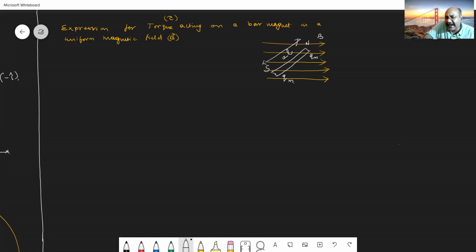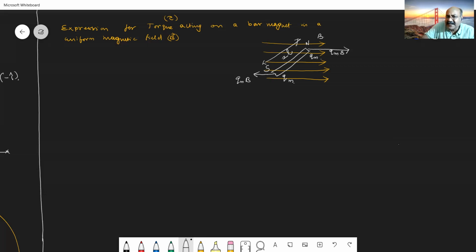The force acting on the north pole is Qm into B, acting in the same direction as the external magnetic field. Similarly, the force acting on the south pole is Qm into B, but acting in a direction opposite to the magnetic field B.